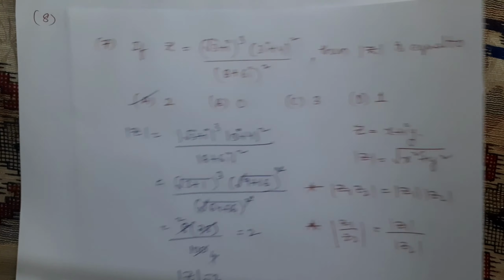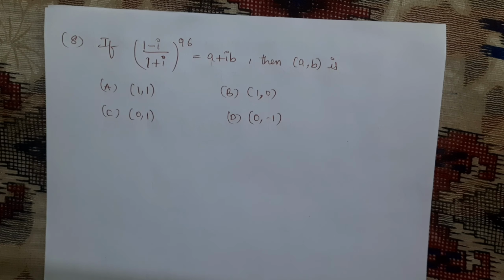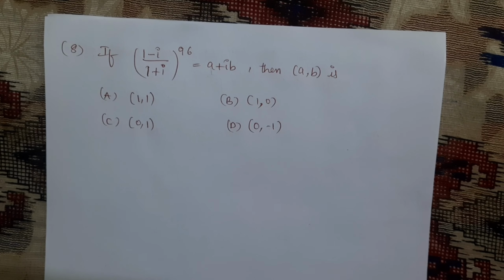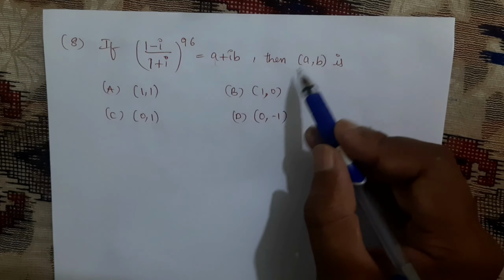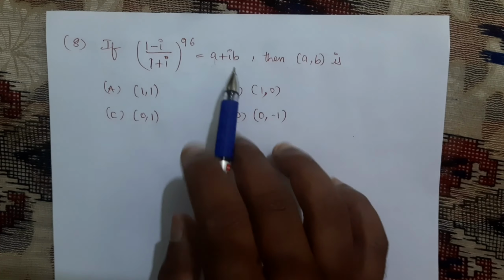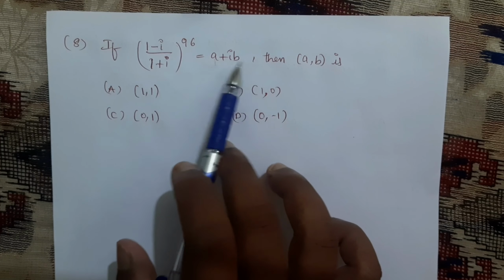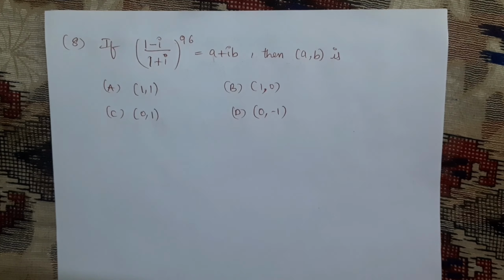Okay, next question number 8. If 1 plus i by 1 minus i whole to the power of 96 is equal to a plus ib, then the ordered pair a comma b, nothing but convert this into a plus ib form, or in that ordered pair a comma b values we need to find. So first of all we need to simplify this.